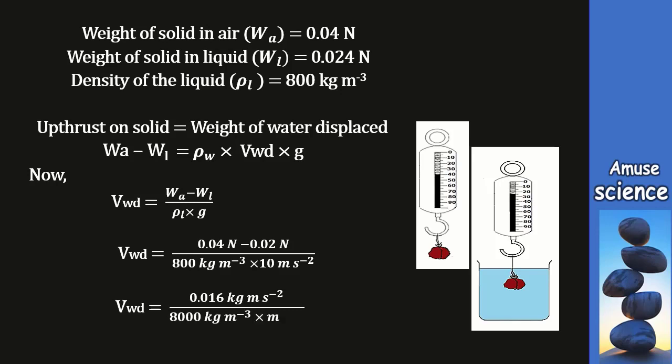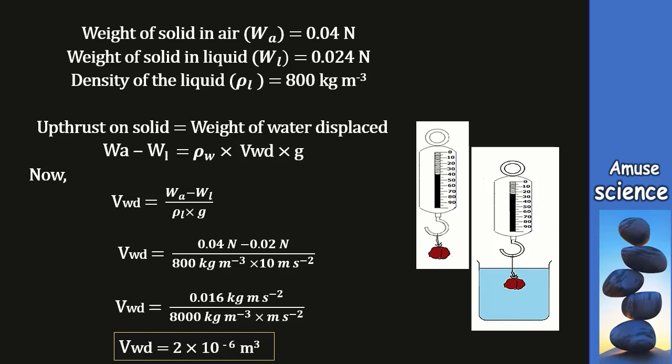This will be divided by 8,000 because 800 times 10 is 8,000. And then we are maintaining the unit as kilogram per cubic meter multiplied by meter per second squared. When you compute this, we are going to get 2 times 10 exponent minus 6 meter cubed because we are finding volume. So this is the volume of the liquid displaced, and it is equal to the volume of the solid.